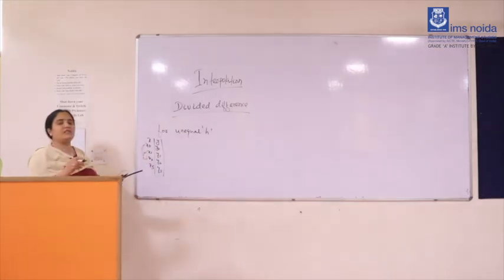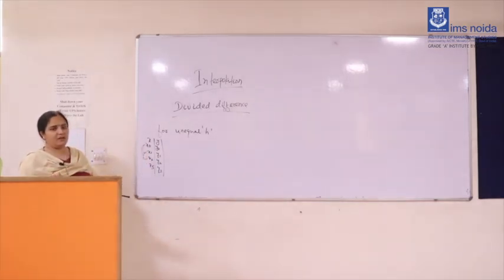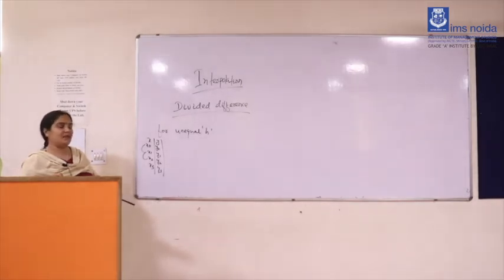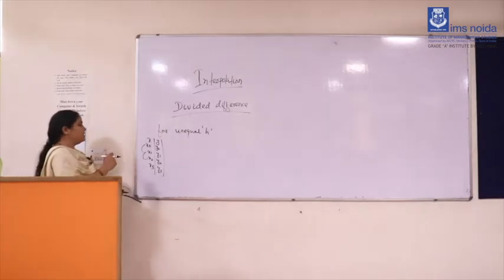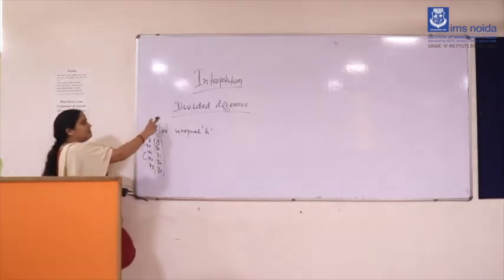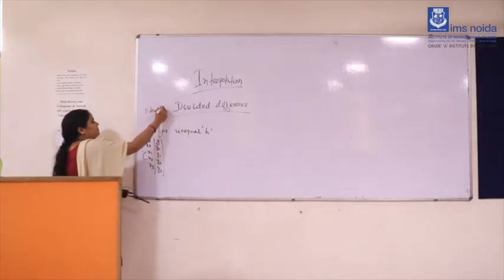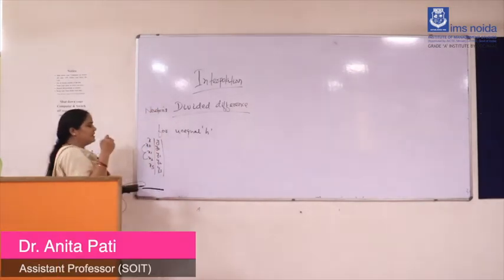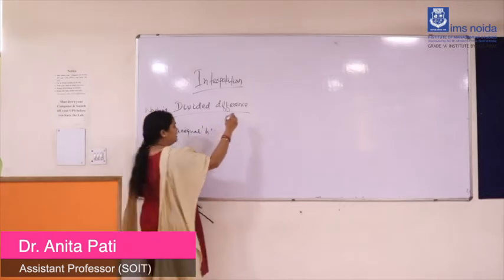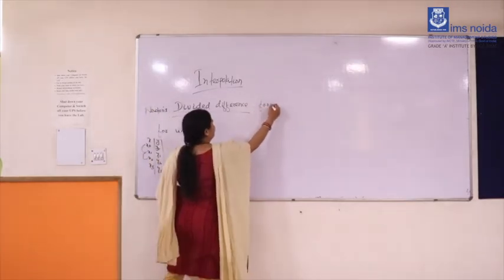In Newton's forward and backward interpolation formulas we have seen that h is equal. That's why for equal h we apply Newton's forward and backward formula. But for unequal h you will be applying Newton's divided difference formula. It is a very important formula.